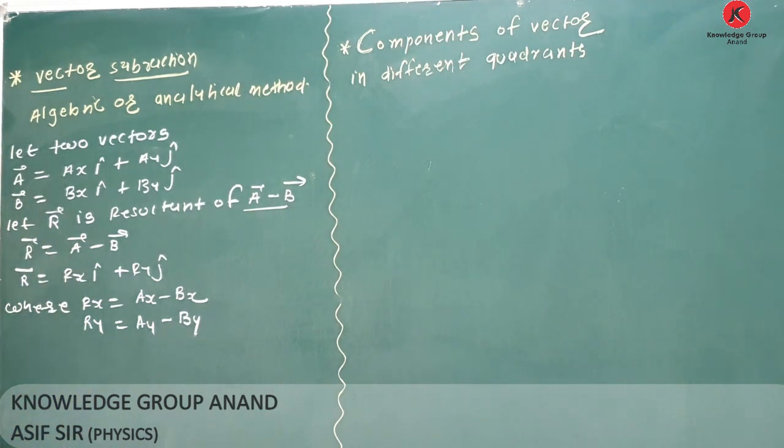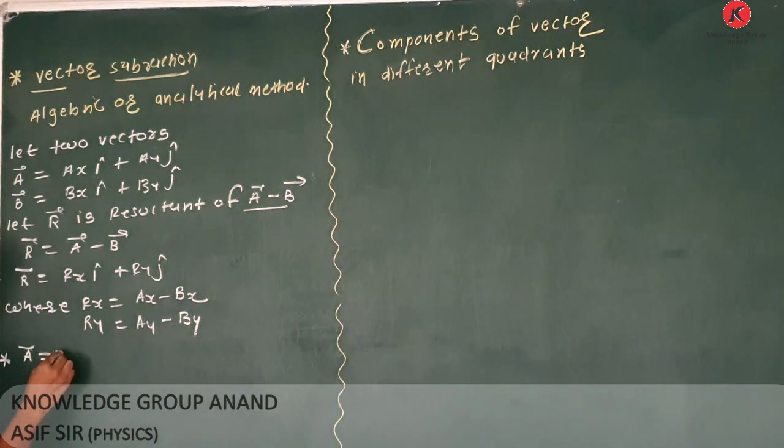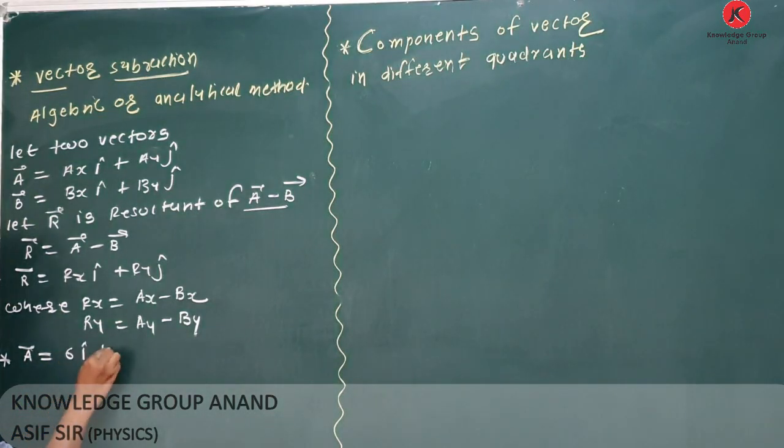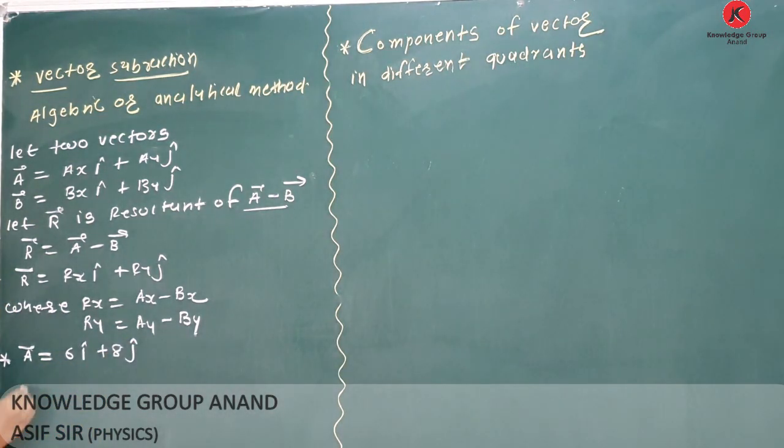If we take one example, it will be easy for you. Let A be equal to 6i caret plus 8j caret, and vector B is equal to 3i caret plus 3j caret. Then how to find A minus B?